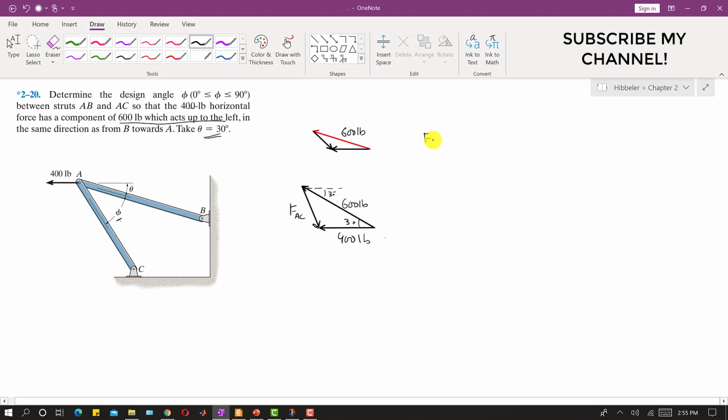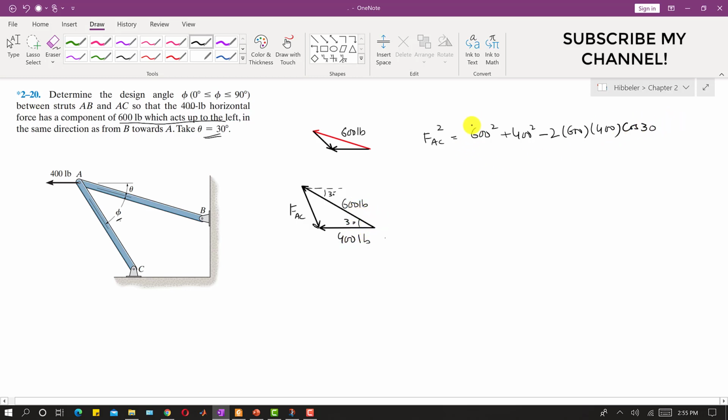So FAC squared will be equal to 600 squared plus 400 squared minus 2 into 600 into 400 cos of the included angle between these two. Between the 600 pound and the 400 pound, the included angle is 30.